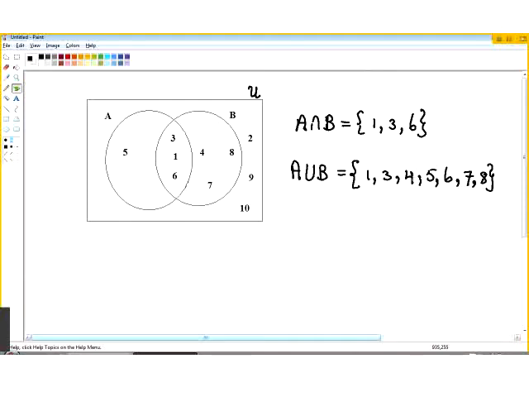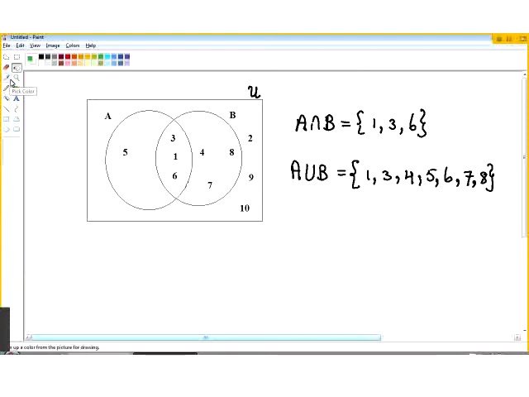So A union B will be 1, 3, 4, 5, 6, 7, 8. Now, there's no rule saying that you have to keep it in increasing order. All it says is that you have to have the elements that are indicated in the region we are highlighting here in green. You can have it in any order, but I like to have my answers organized, so I state my numbers in increasing order, from smallest to largest.